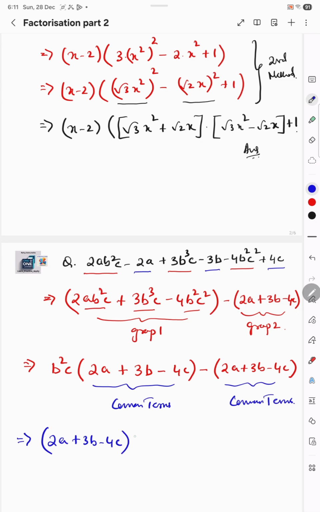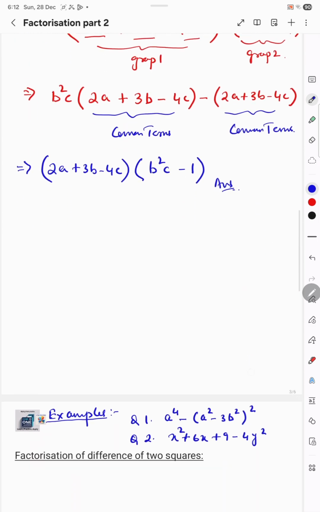This is common. So now let's see what remaining terms are there. So we'll get b square c minus 1. So this becomes our answer. Okay, I hope you have understood this.